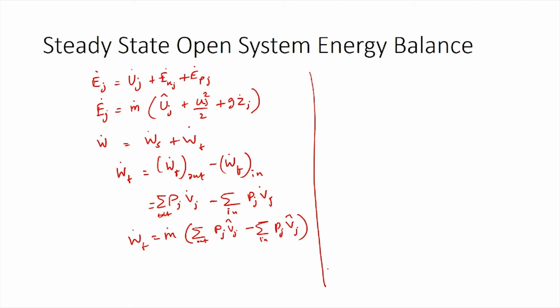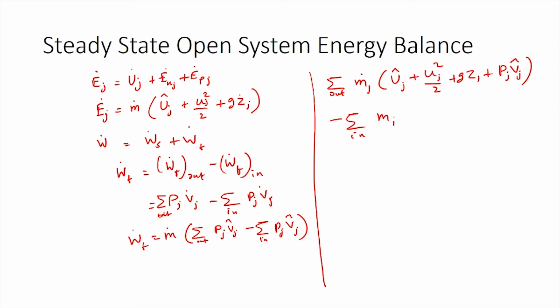Substituting these two into the equation we had earlier, we would get sigma output of m j dot times (u cap j plus u j squared by 2 plus g z j plus p j v cap j) minus input of the same thing, m j times (u j cap plus u j squared divided by 2 plus g z j plus p j v j cap).